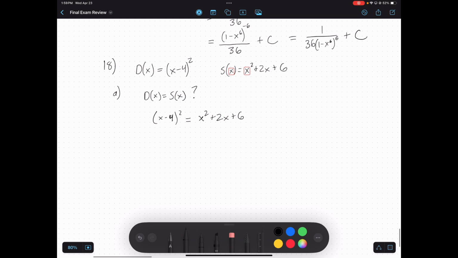Well, the only way I'm going to be able to solve this is if I expand that (x minus 4) squared. So that's going to give me x squared minus 8x plus 16. Very nice. Now what?